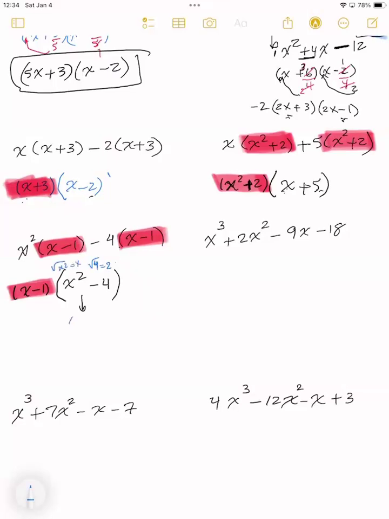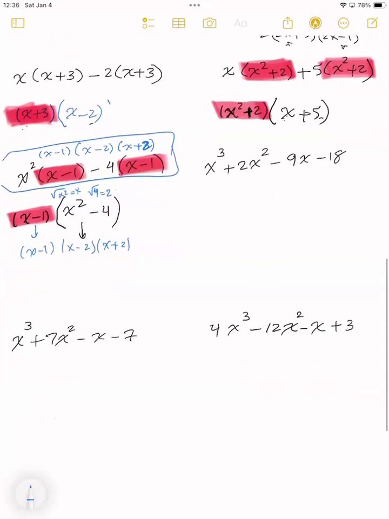So I can write this as x minus 2, x plus 2. And then I have the x minus 1. So this is factored completely. I started with this, and the factors are x minus 1, x minus 2, x plus 2, I am sorry. So these are my factors.